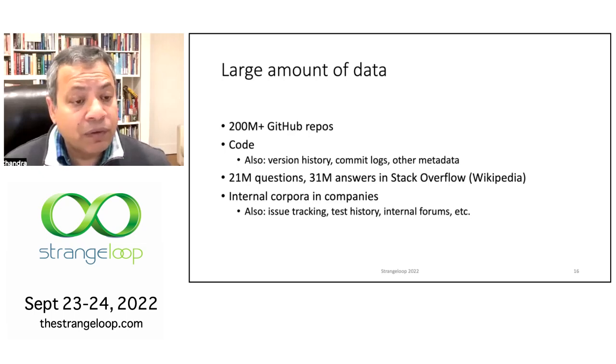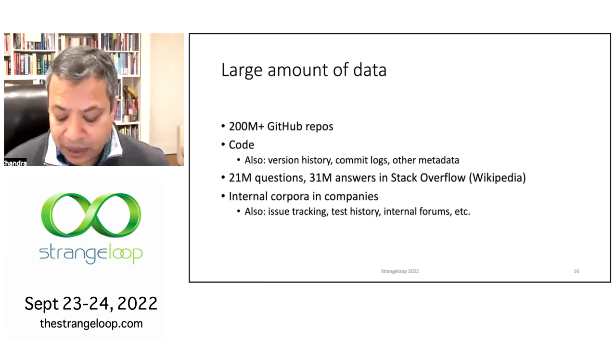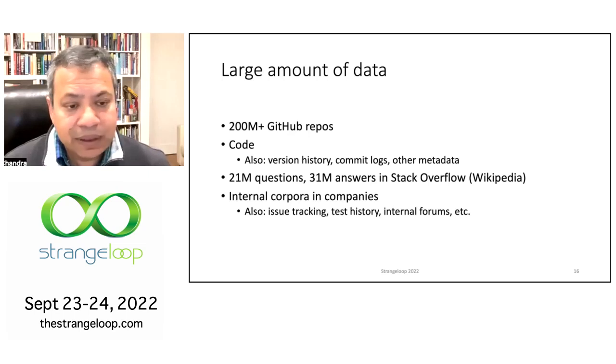We have a lot of coding information implicit in forums such as Stack Overflow. And then inside companies also there is lots of code and issue tracking and test history and internal discussions and so on. So all of these are really data that machine learning can crunch and produce interesting information for use by developers.